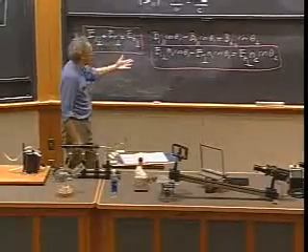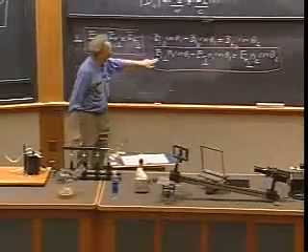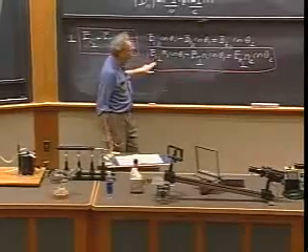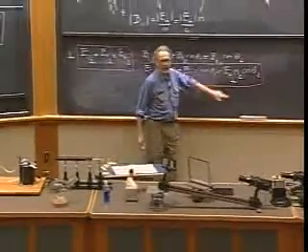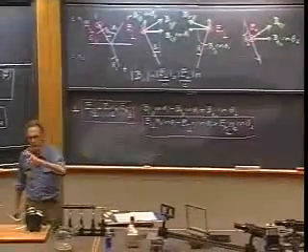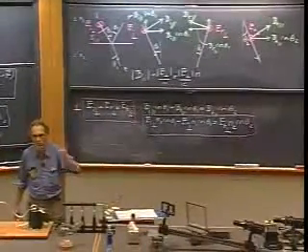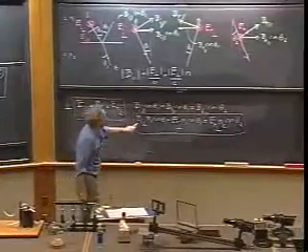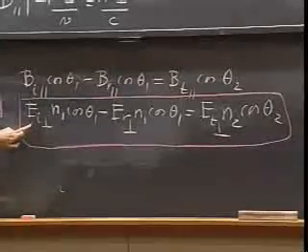So now you have two equations with three unknowns. This intensity, this electric field, and that electric field. So what you can do now, you can find the ratios of these electric fields, and that's the only thing that is meaningful, because clearly you can make the intensity of the incident one as strong as you want to.